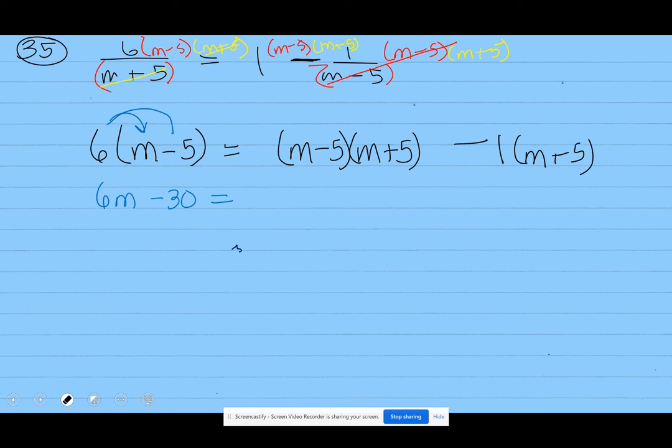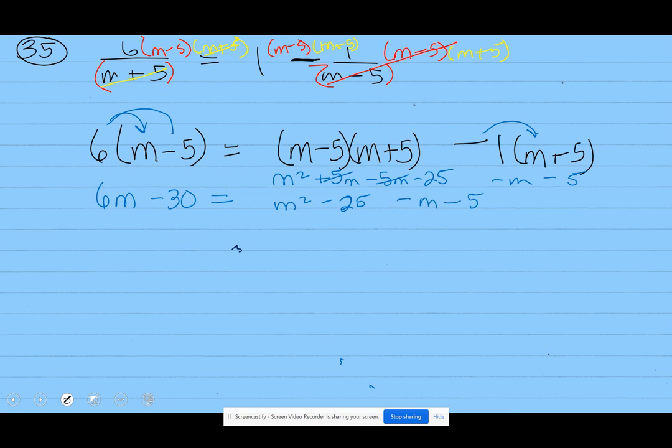And this looks like a foil. It is a foil. So I got m squared plus 5m minus 5m minus 25. So that's going to give me an m squared minus 25. Okay, there's a 1, so it's going to be a minus m minus 5.